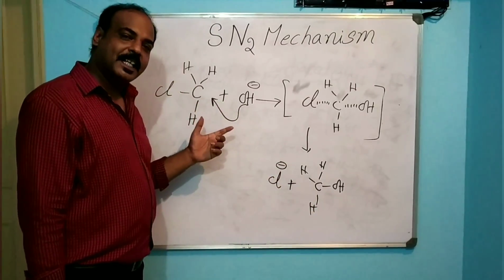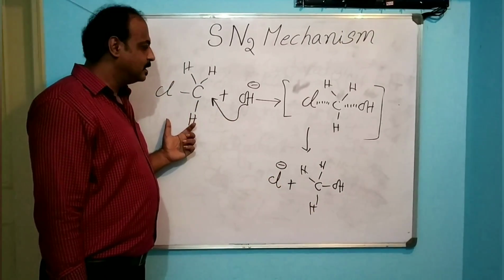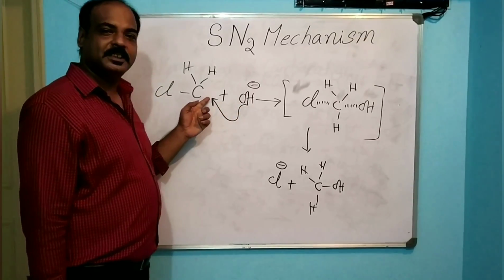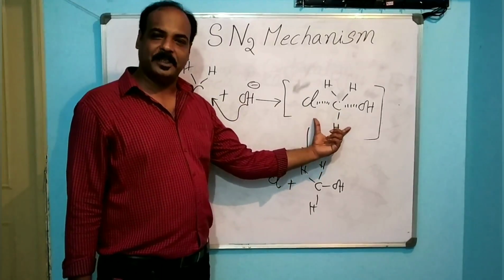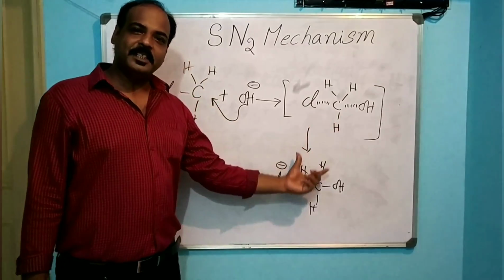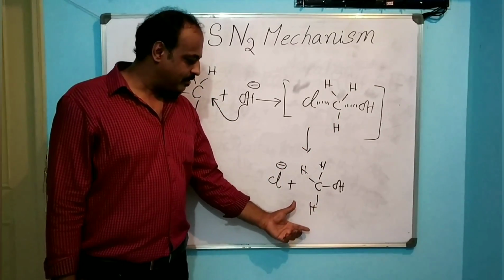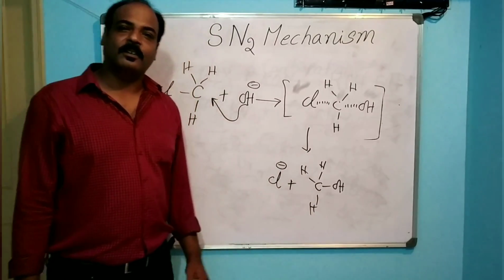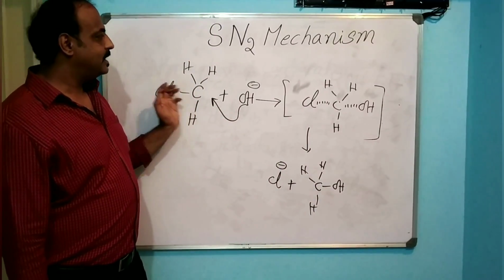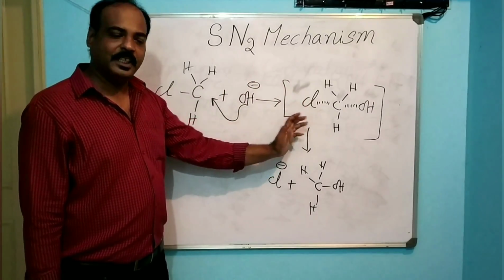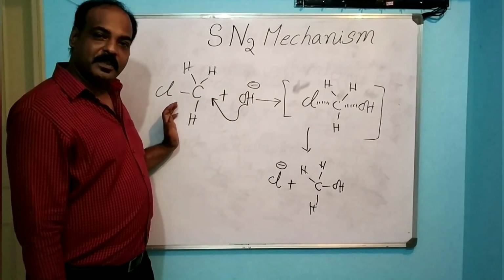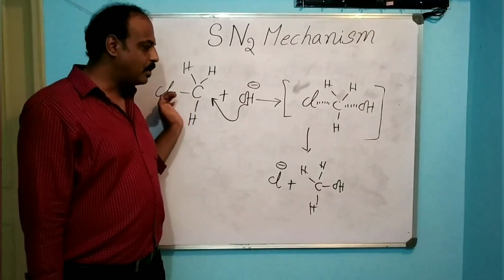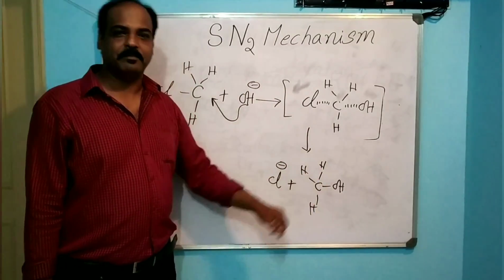In this mechanism, the OH minus will attack the carbon of methyl chloride and form an intermediate. This intermediate dissociates and gives the product methyl alcohol. So this is the SN2 mechanism, where the formation of methyl alcohol from methyl chloride involves only one step.